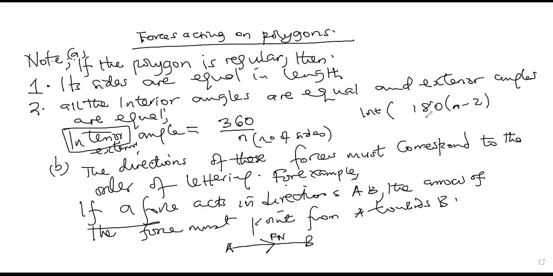This one will always give us the interior angle. But for exterior angle, it is 360 over the number of sides. So without wasting any minute, let's move to examples and we see how we resolve forces on a polygon.